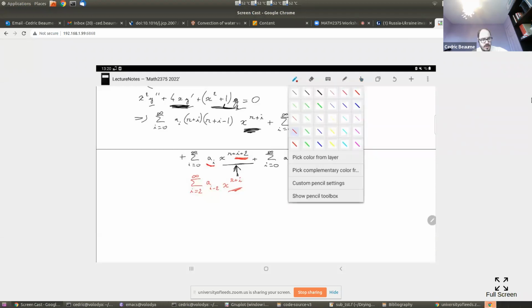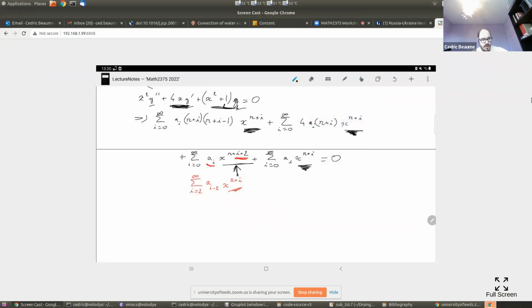And so if I continue writing my equation, by replacing the term that had the wrong exponent by this better version, I'm getting this expression: the sum from i equals 0 to infinity of a_i (r plus i)(r plus i minus 1) x^(r plus i). I can actually factorize everything, that would be nicer, but I'll just do this in this fashion so that you can see the next step in the reasoning more clearly.